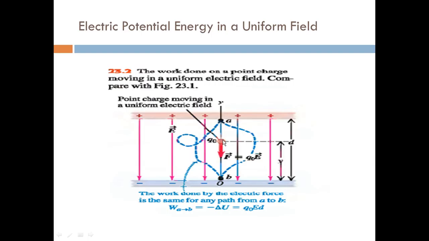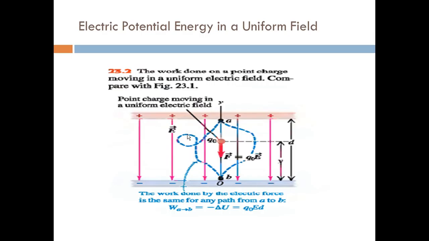Thus, we have a charge that is going downwards by the natural effect of the electric field, just like we have the natural effect of gravity of pulling every object downwards towards the earth. So I hope you get the analogy.